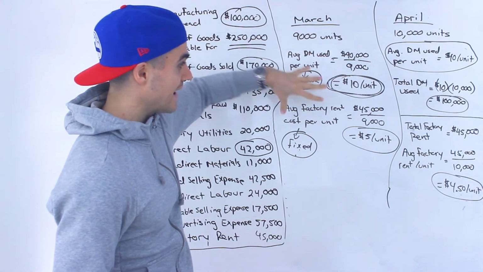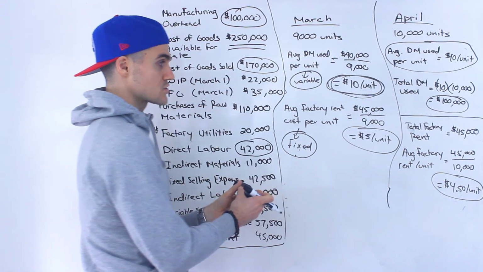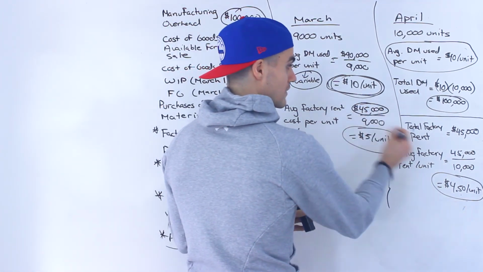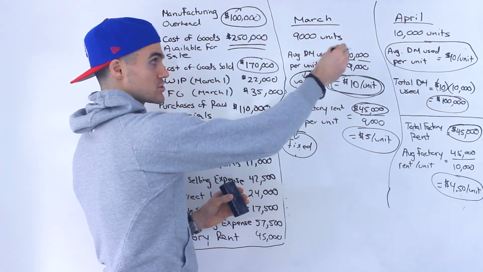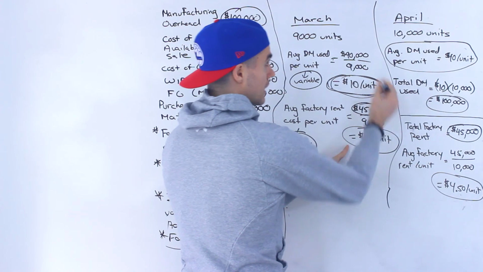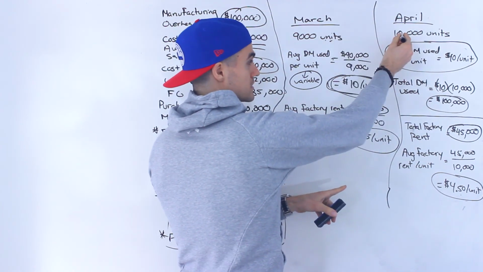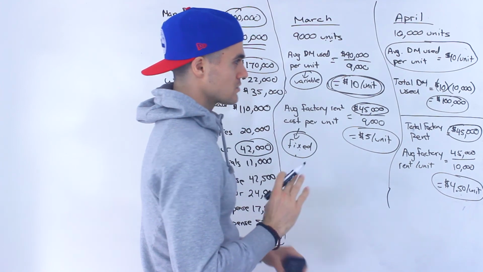But the factory rent, it's the opposite, because the factory rent is a fixed cost. So the total amount, 45,000 and 45,000, is staying the same from March to April. But then the average is changing because the units produced are changing. Right? So hopefully you got that.